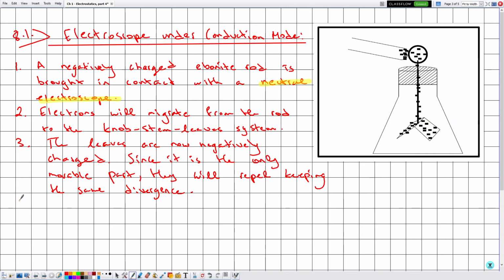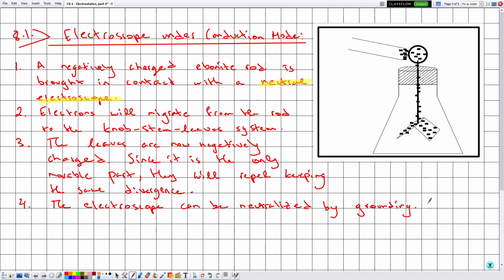Now for example, if you want to neutralize the electroscope again, what we're gonna do is the following. The electroscope can be neutralized by grounding, and here by grounding I mean we just touch the knob.